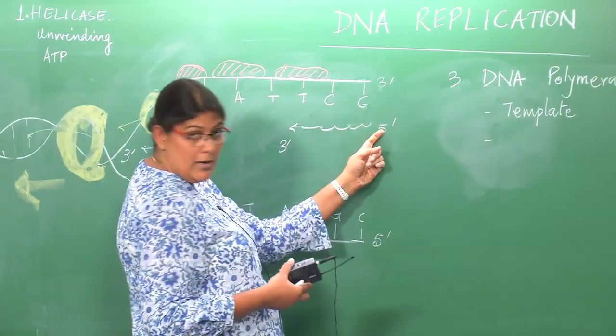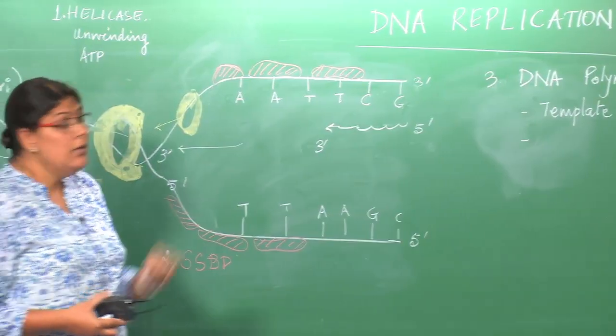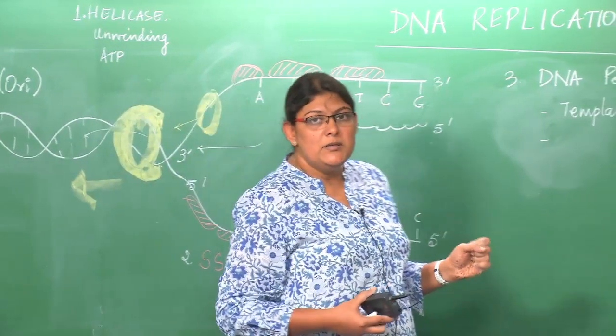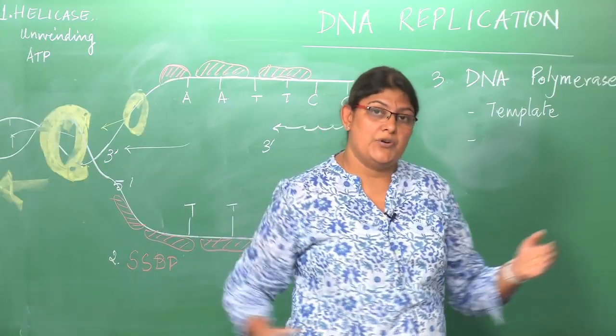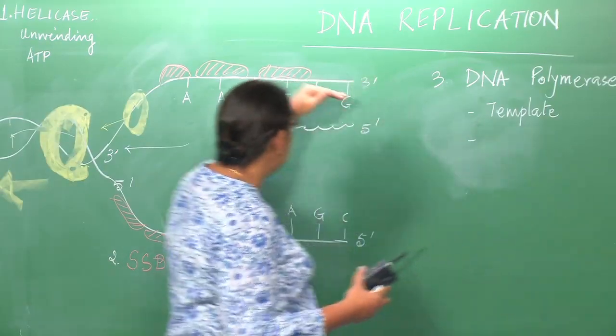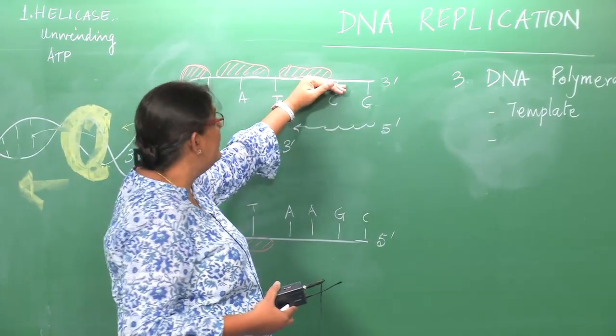So, it has to make a chain in this 5' to 3' direction. The problem is polymerase on its own cannot start making a new strand. It needs a template to tell how to put in and in what sequence to put in the nucleotides.